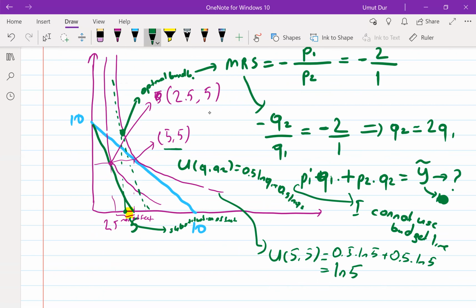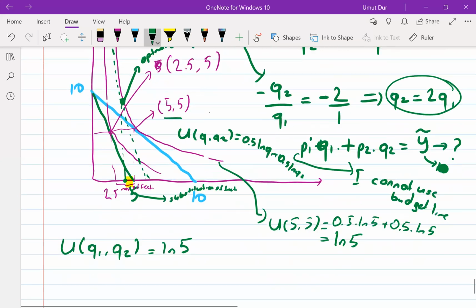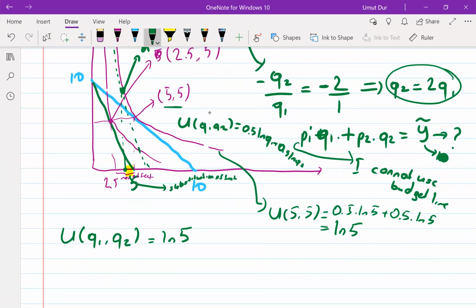Since this bundle is also on this initial indifference curve, the utility that I will get from this new bundle needs to be equal to ln 5. And I know the relation between Q2 and Q1 here. So what I am looking for is 0.5 ln Q1 plus 0.5 ln Q2 is equal to ln 5.